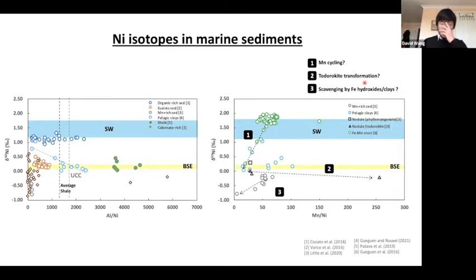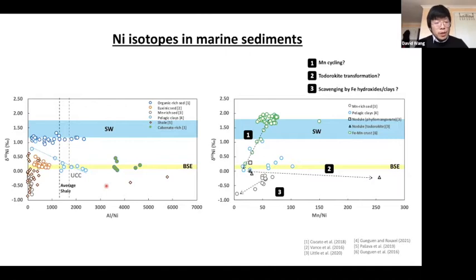So here, if we take the currently available nickel data in marine sediments, and start from the left figure, if we plot it with the aluminum to nickel ratio, which is the way that we try to separate the signal from the lithogenic source and authigenic source.